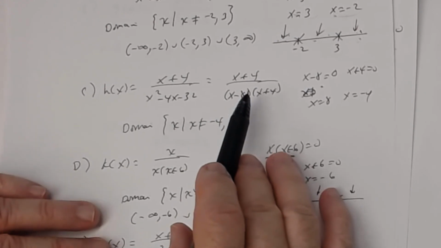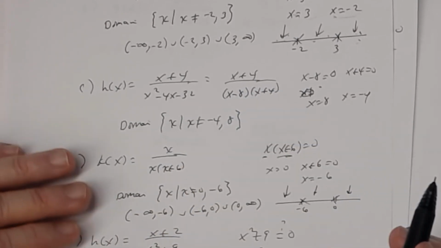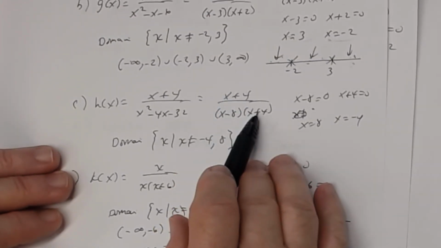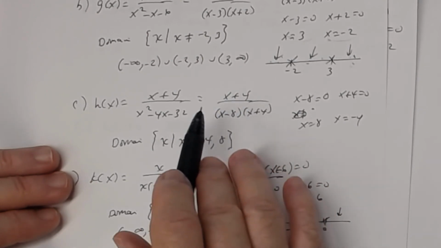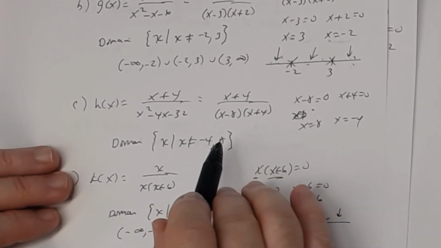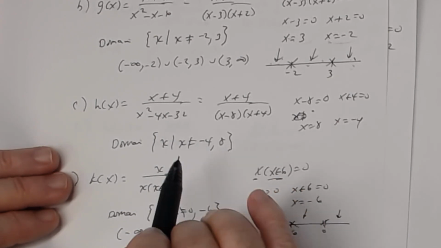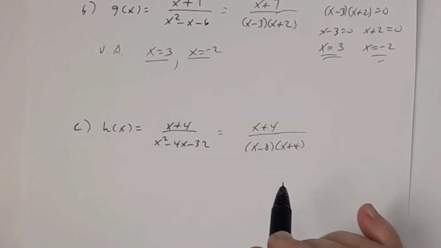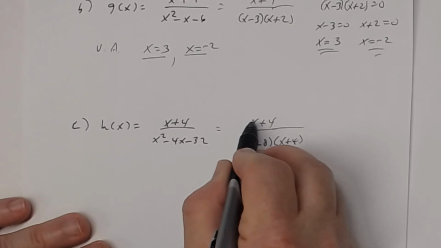For the domain, I said don't reduce, because this function is not defined at two numbers, -4 and 8. But when finding the vertical asymptotes, you must reduce.